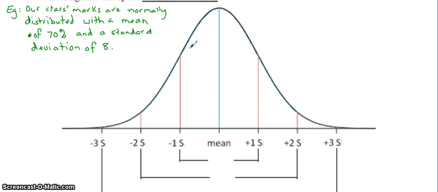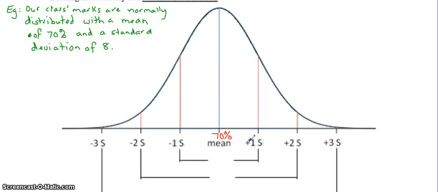So if this was your histogram with all the bars underneath, the bar that contains 70 would be right in the middle. So the bar that contains the number 70, so it could be 65 to 75, or it could be 70 to 80, that's where that bar would be.